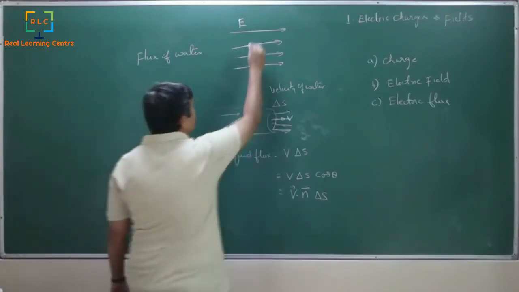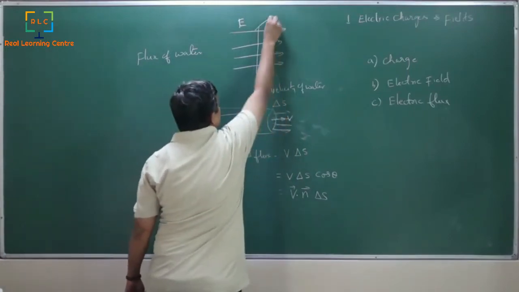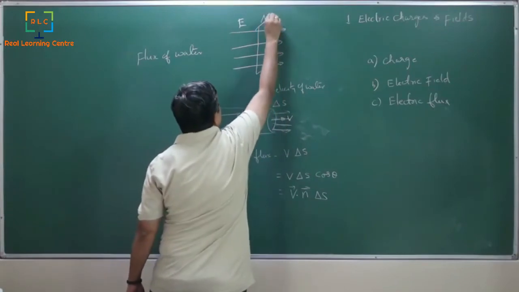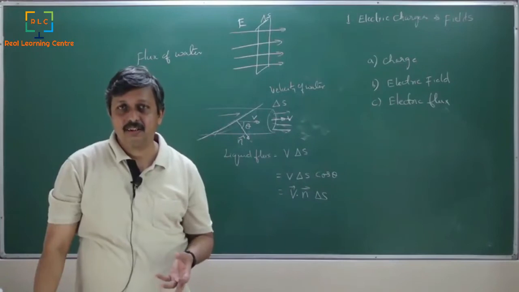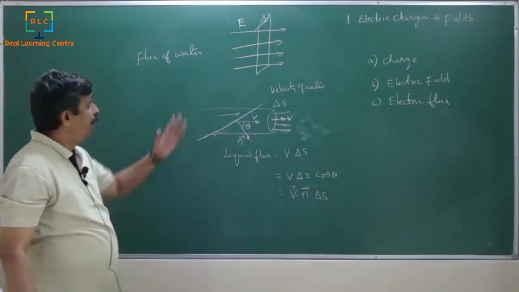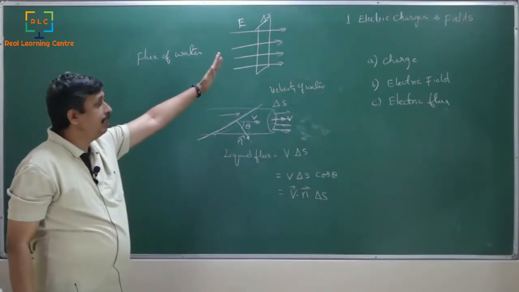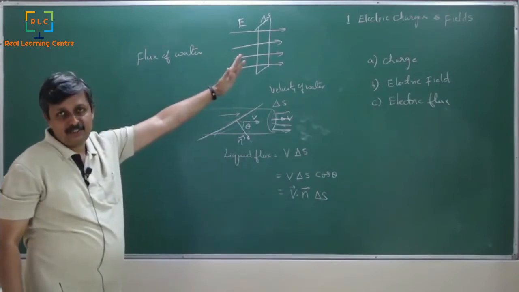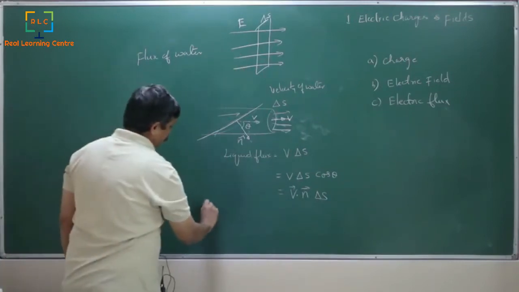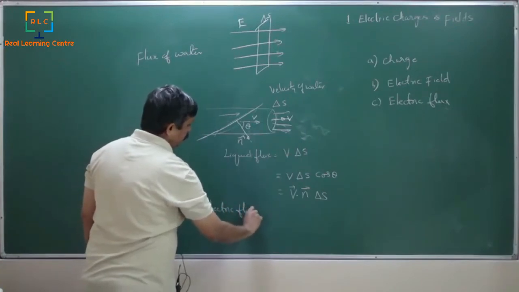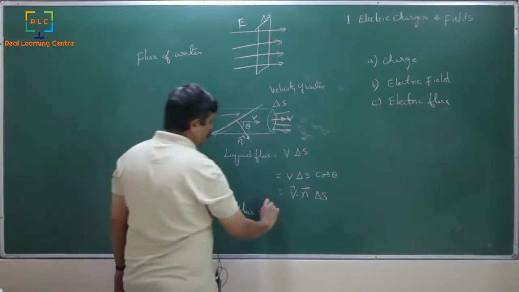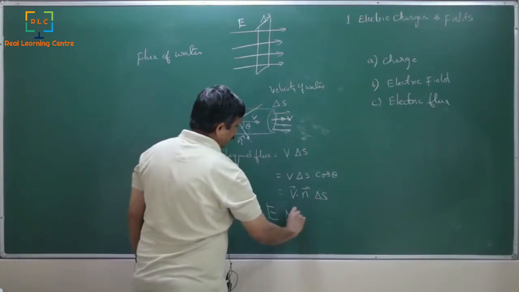And if I take a certain area, let's say delta S, how many electric field lines are going within that? That we know. And if it is in a perpendicular direction, then we can take it easily as E into delta S. So electric flux we say is nothing but E into delta S.